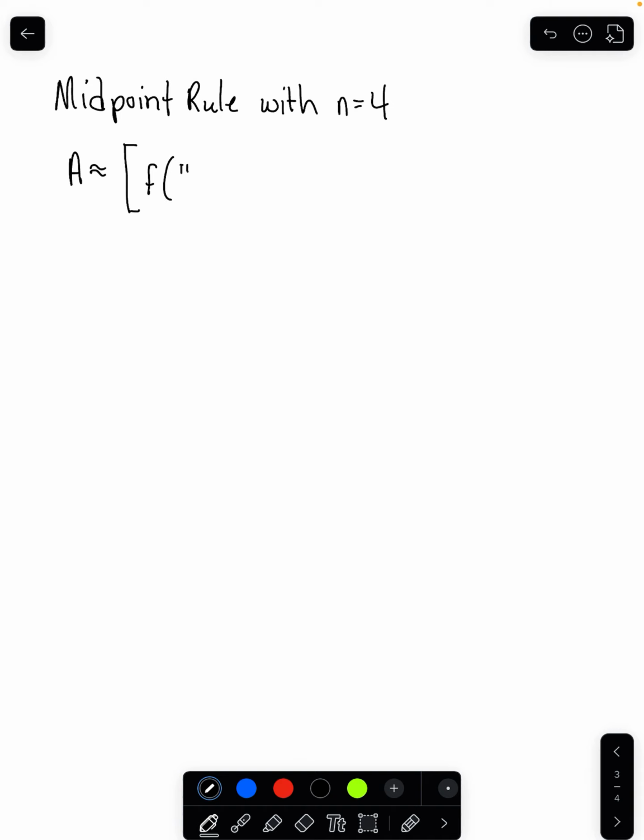So, the midpoint rule using n equals 4 would look like this. That the area is approximately given by f of pi over 8 plus f of 3 pi over 8 plus f of 5 pi over 8 plus f of 7 pi over 8.